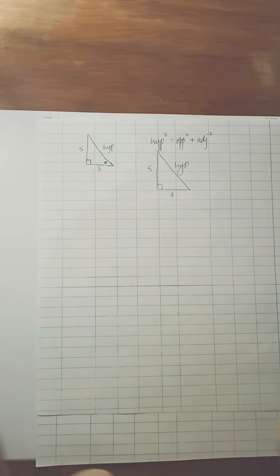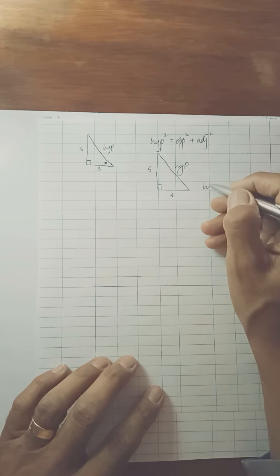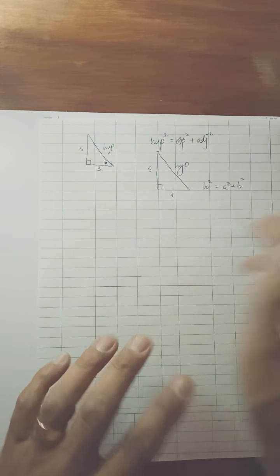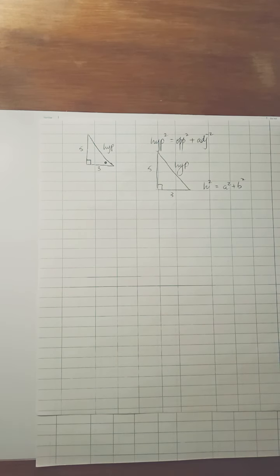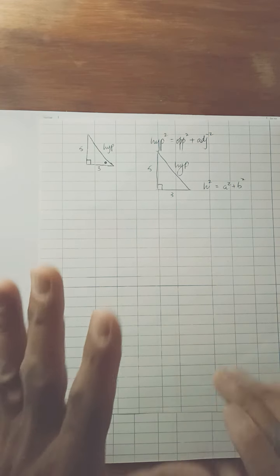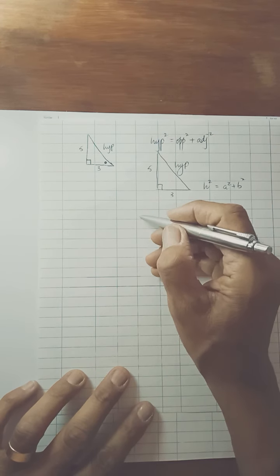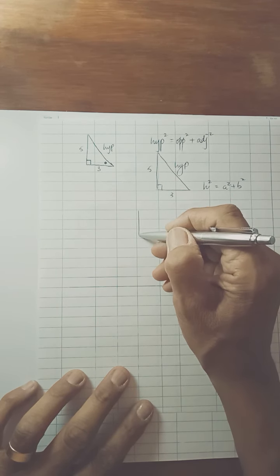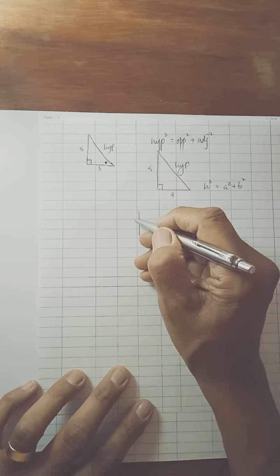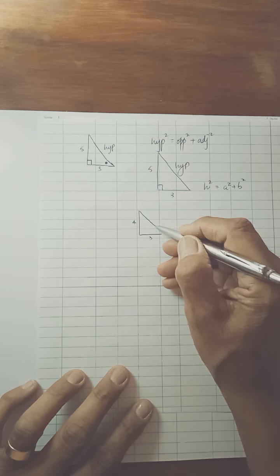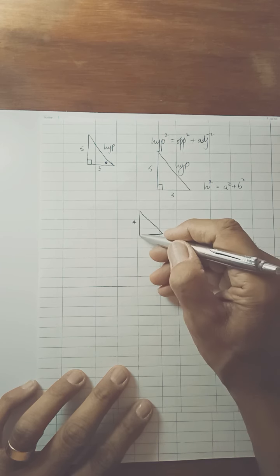I would simply use something like a squared hypotenuse is a squared plus b squared, where those are the shorter sides. But before you even start this here, I would recommend that you do this on a piece of graph paper. So you would draw on graph paper a triangle 4 units, 3 units, and then the hypotenuse.